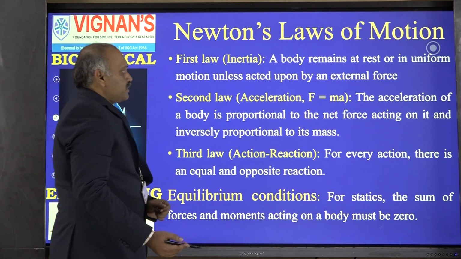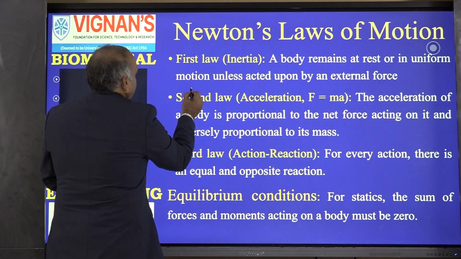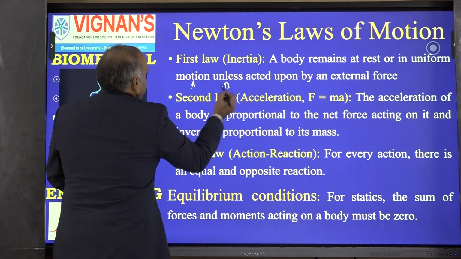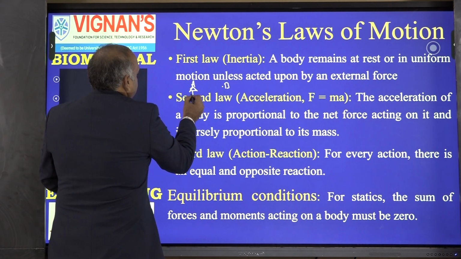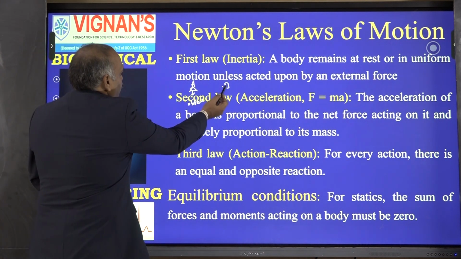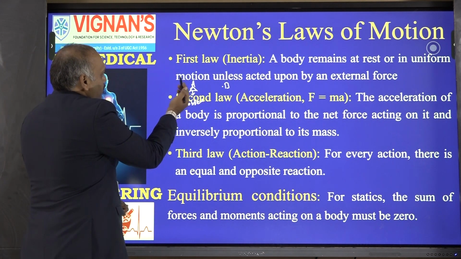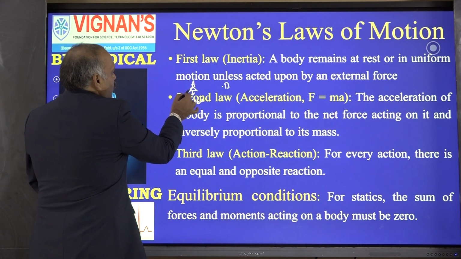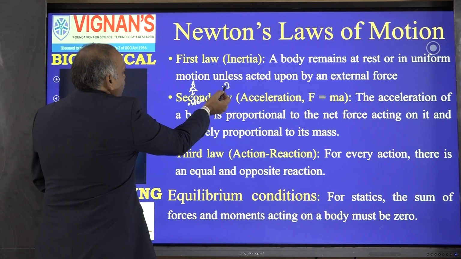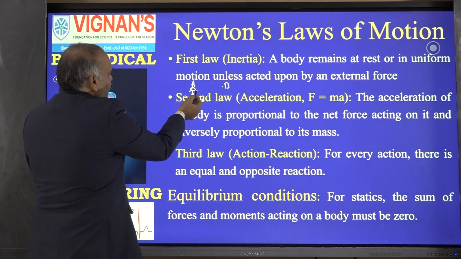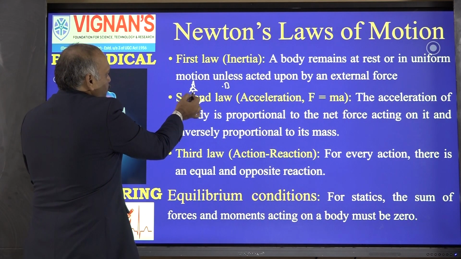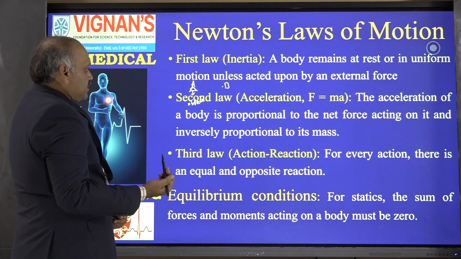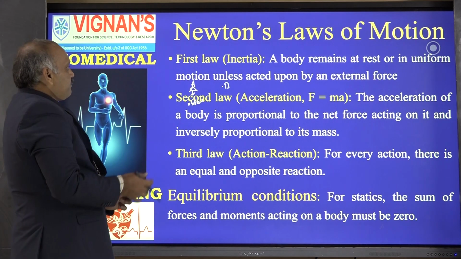For example, take an object at point A, and this is point B. If you want to bring this object from A to B, you must apply either an internal or external force to create the movement so that it can reach B. Unless we apply any force, it will remain in the same position, and we can say that is an equilibrium condition also, which we will discuss in a later stage. That is called the first law, the law of inertia.